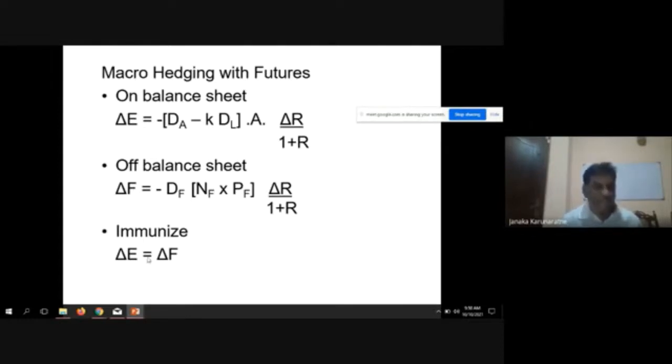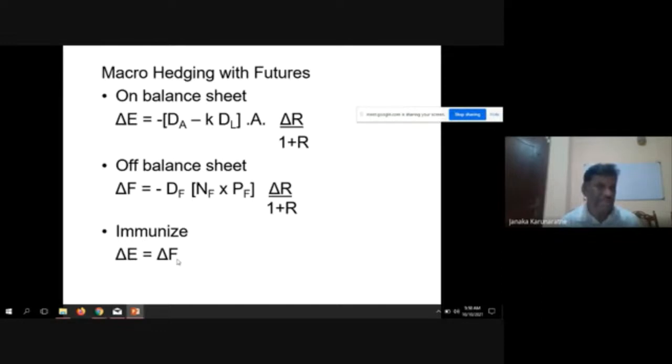So basically, how do you do it? You have to find the number of futures contracts you want to hedge using the appropriate futures contract with the appropriate duration. NF is the number of futures contracts, PF is the price of the futures contract, multiplied by delta R divided by 1 plus R. This is the extension of this formula for futures contracts, so that when you lose on your equity side, you will end up with a gain on the futures side.